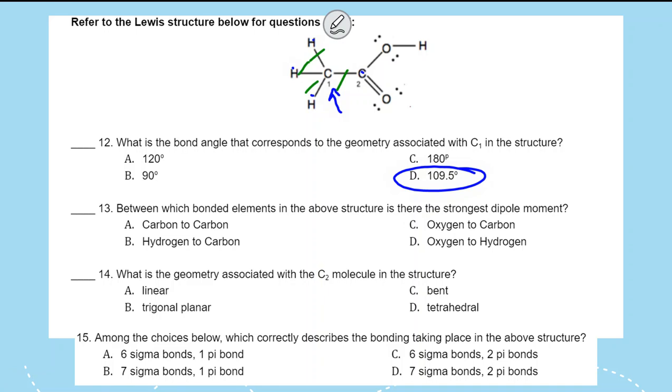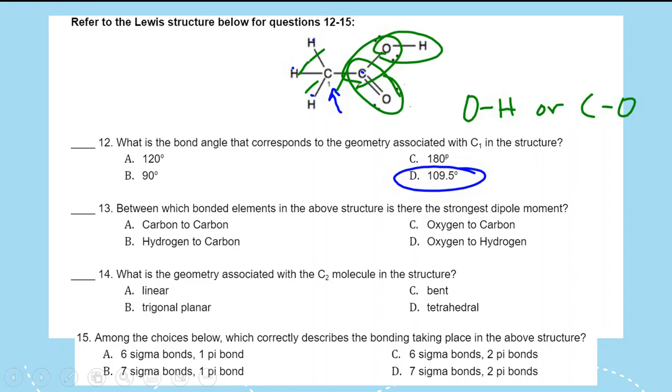C to C bonds are 0, so those ones are out. So really we're looking at a C to O, O to H, between the two based off of spacing. Should be the O to H, right? Farthest apart. So hydrogen to oxygen is D. That is the correct answer there.